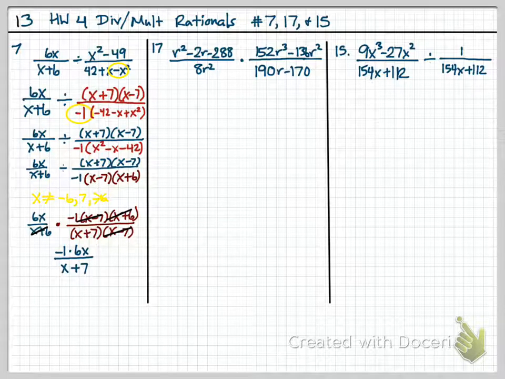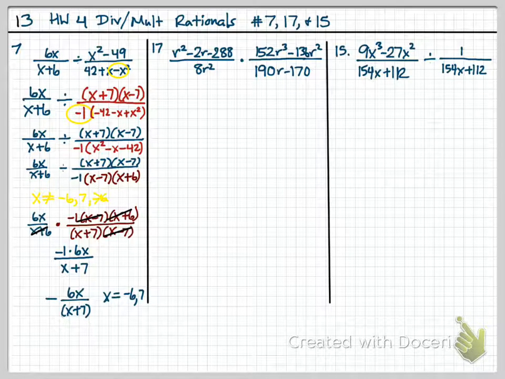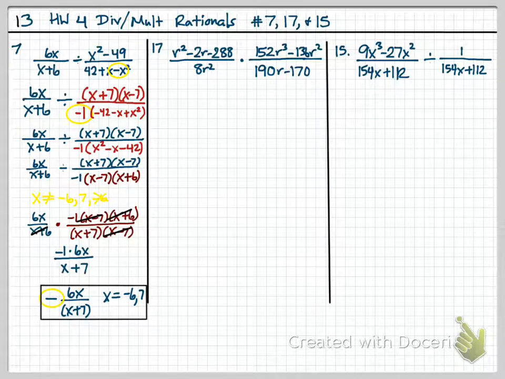So we multiply across, and we get -1 times 6x in the numerator, and x plus 7 in the denominator. And what you want to do is combine the signs. So the numerator is negative, denominator is positive, and you take a negative divided by a positive, and that whole thing is negative. And our excluded values are -6 and 7.